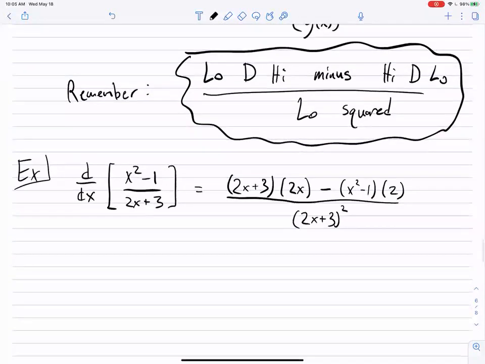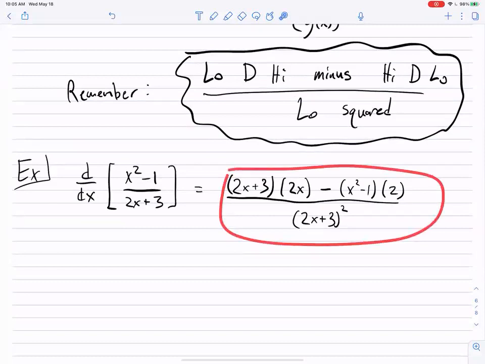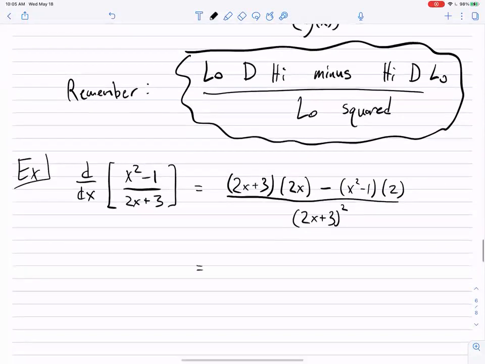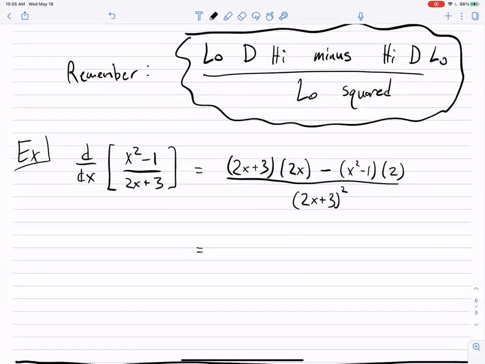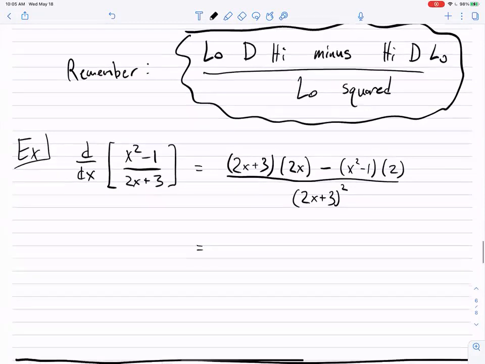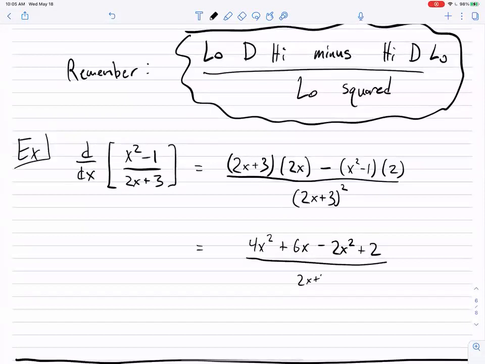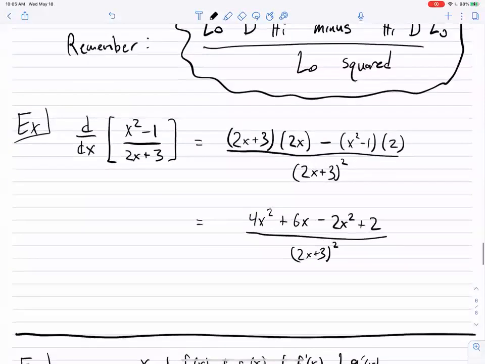If this was a written exam, this would be a totally reasonable answer. But a lot of times on the online homework, they want you to simplify it a little bit. So let's do a little algebra. If you distribute, you get 4x squared plus 6x, and then minus 2x squared, and then plus 2, all over 2x plus 3 squared. So what does that simplify to?